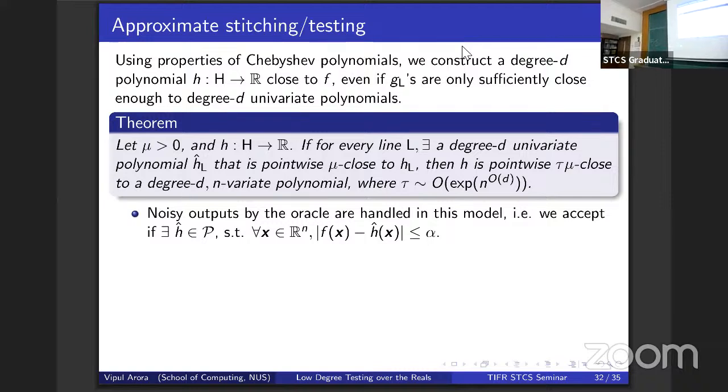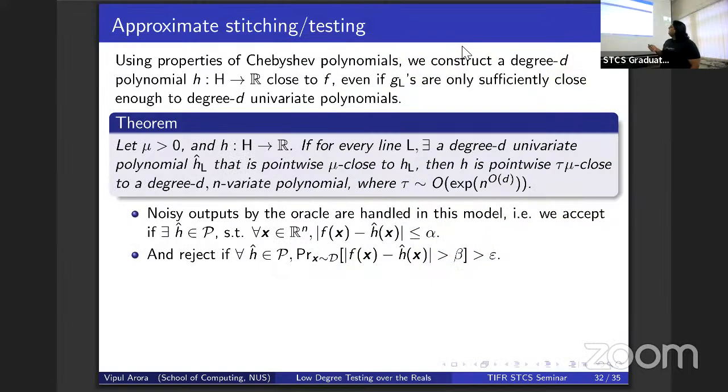And this model allows us to handle noisy outputs by the Oracle, where in the yes case, there exists a hidden polynomial h hat, so that for all points x in Rn, the absolute value of f minus h hat is at most half. And in the no case, you have the guarantee that for every polynomial h hat, on at least an epsilon fraction of the mass of the distribution D, f minus h hat is at least beta.